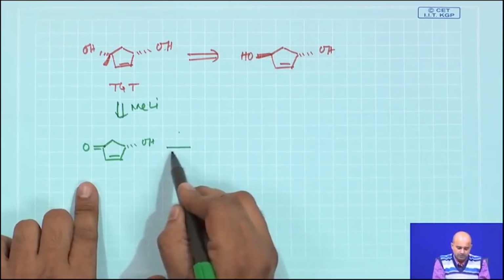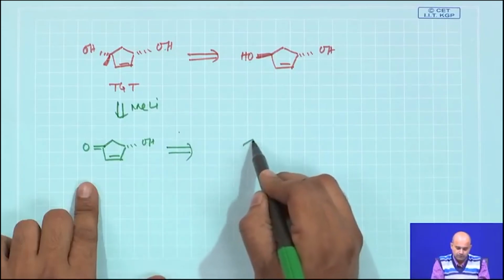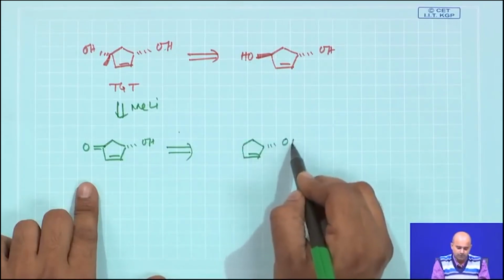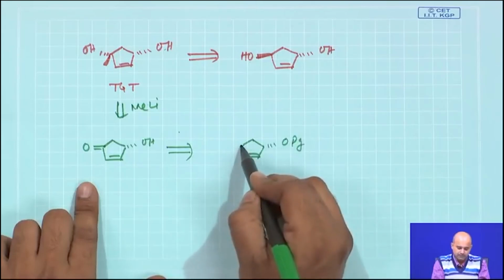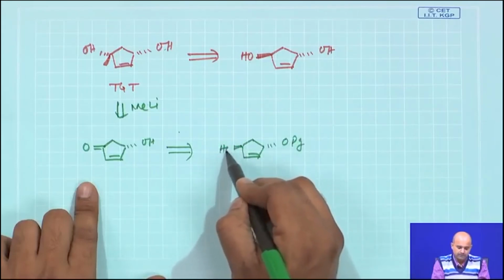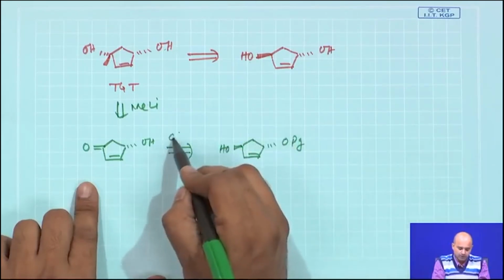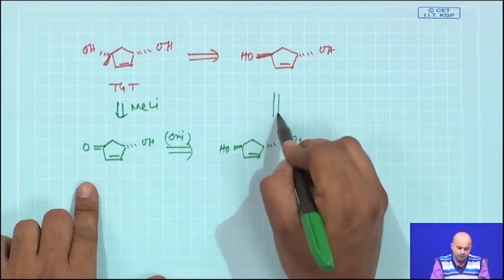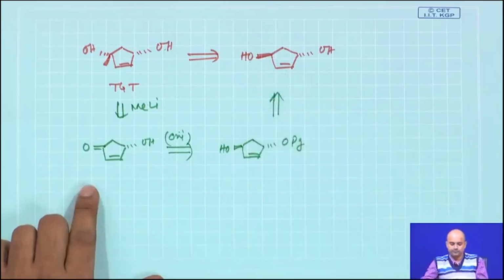So, what you need to do is protect one of these OH as an OPG and keep the other OH free, and then you do an oxidation here, and then you can correlate these things with this.